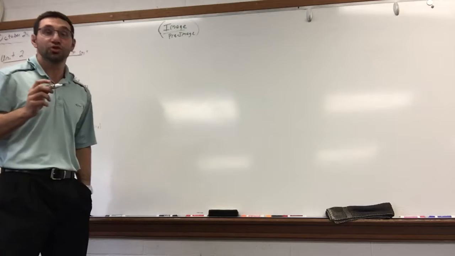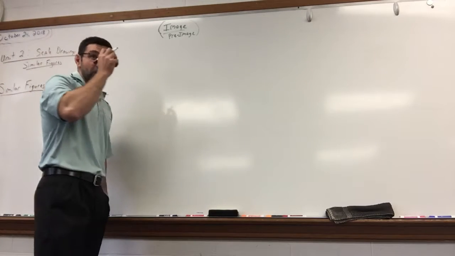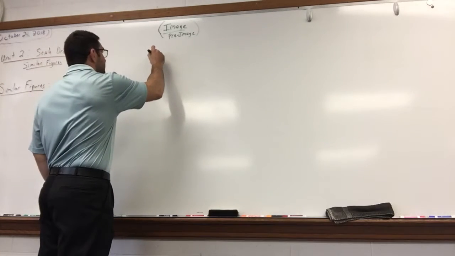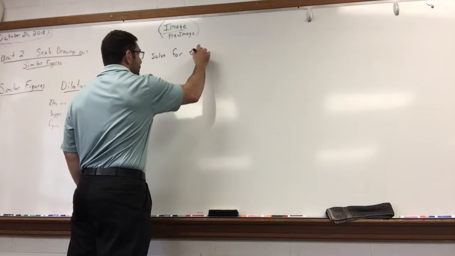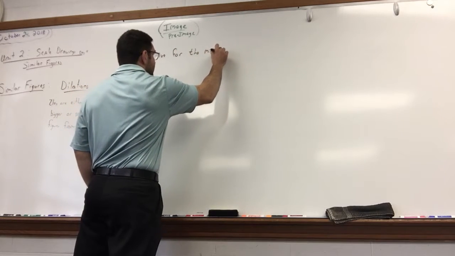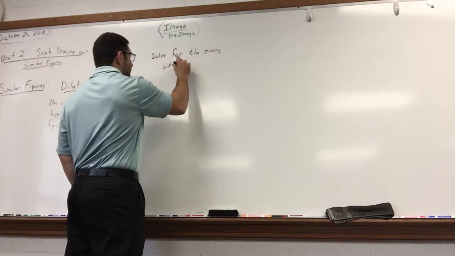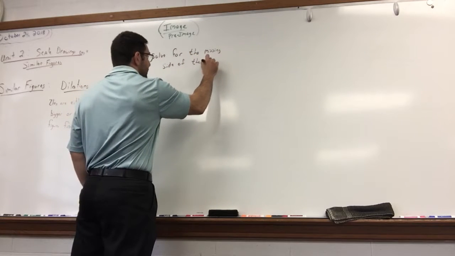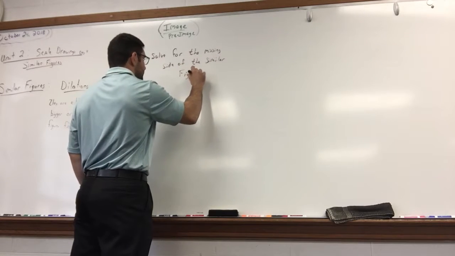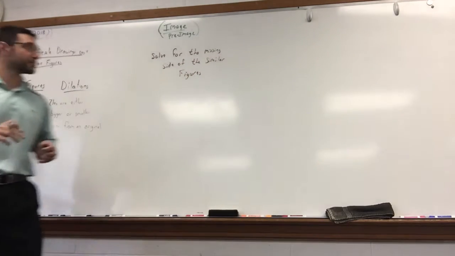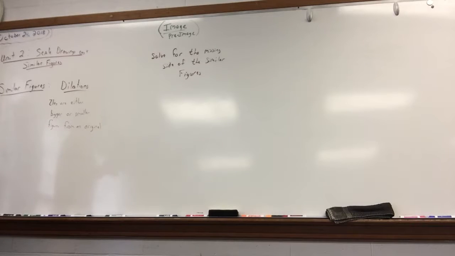Here we go. So, these are the types of questions you're going to see. Solve for the missing side of the similar figures. Okay, so we're going to solve for a missing side.